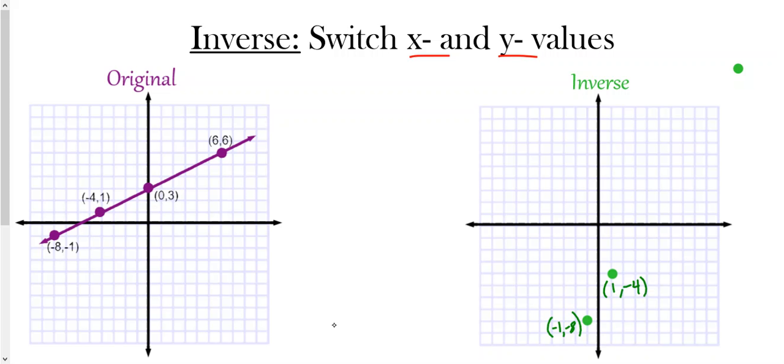All right, then I have 0, 3. So if I flip that, it becomes 3, 0. And finally, I have 6, 6. And if I flip that, it stays at 6, 6.